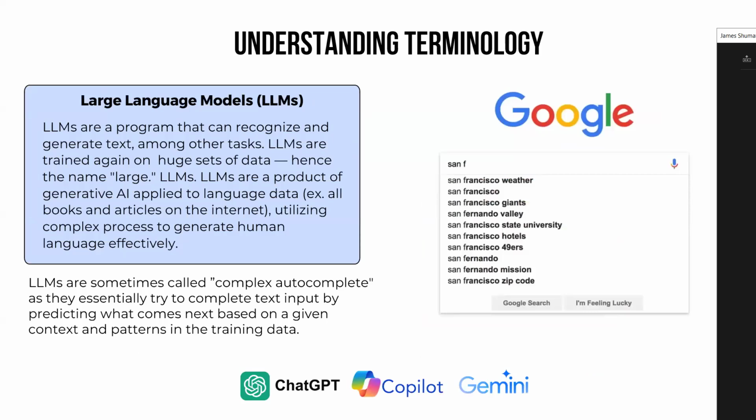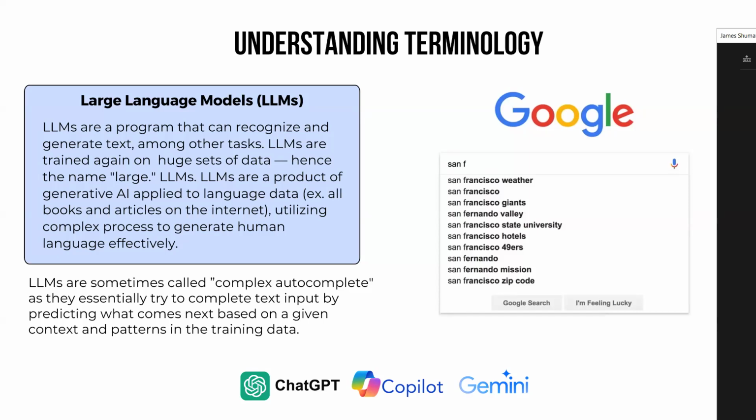Okay, let's get a little bit more specific. The large language model. And this is something that was expertly talked about in the previous session. I'm going to use a very simple way to talk about a large language model. Large language models basically recognize and are trained by large amounts of text, hence large language model.